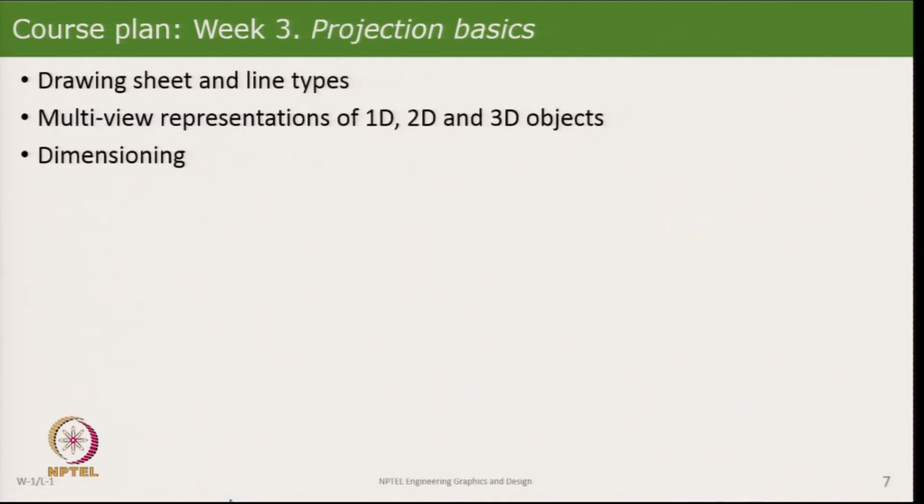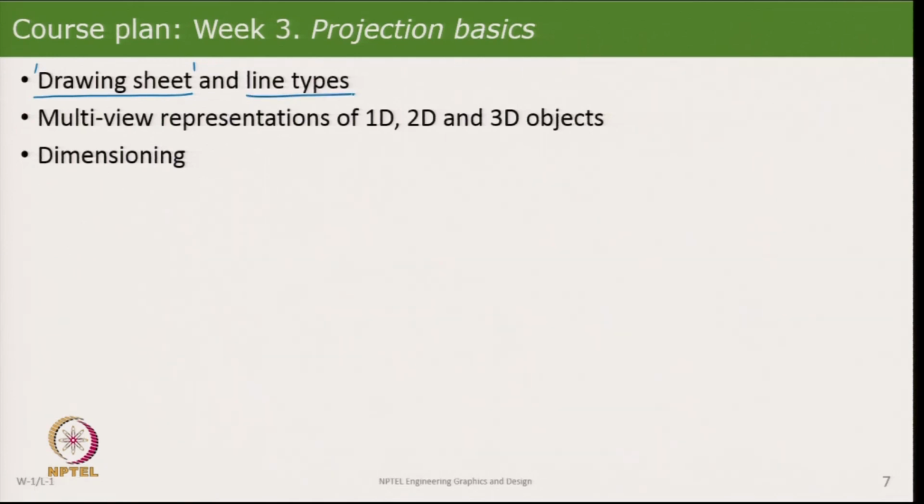In the third week, we will look at the basics of projection, of how we put a drawing on a hard paper pencil type of thing or in a computer drawing. So, we will look at the idea of what is a drawing sheet. Historically, before the advent of computer drawing, everything was on a sheet of different sizes, and everybody who was associated with the drawing would read that sheet and interpret it.